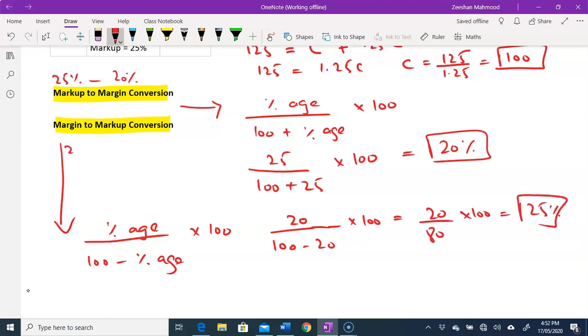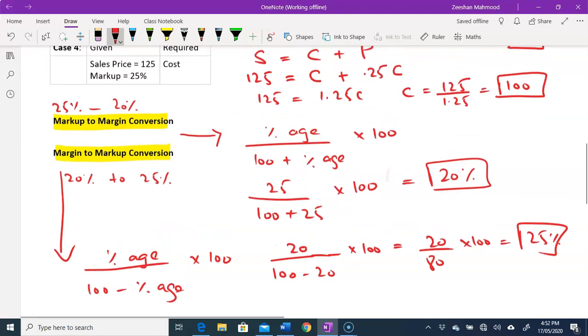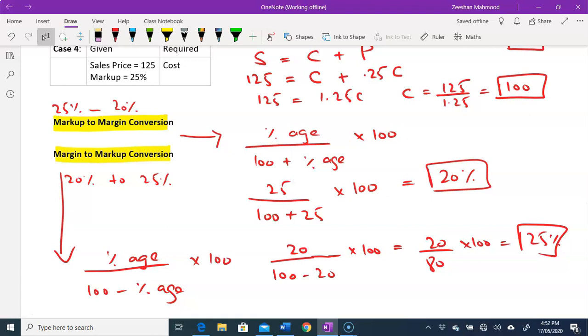So a margin of 20% we convert into a markup of 25%. Sometimes this is also asked as a multiple choice question, that 25% markup equals how much percentage of margin, or that much percentage of margin equals how much percentage of markup. So we also need to learn this so that we can respond to those questions.